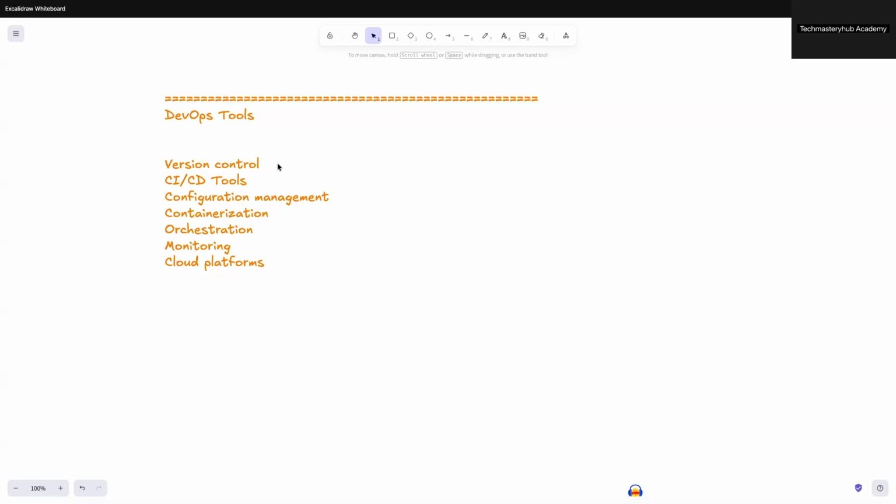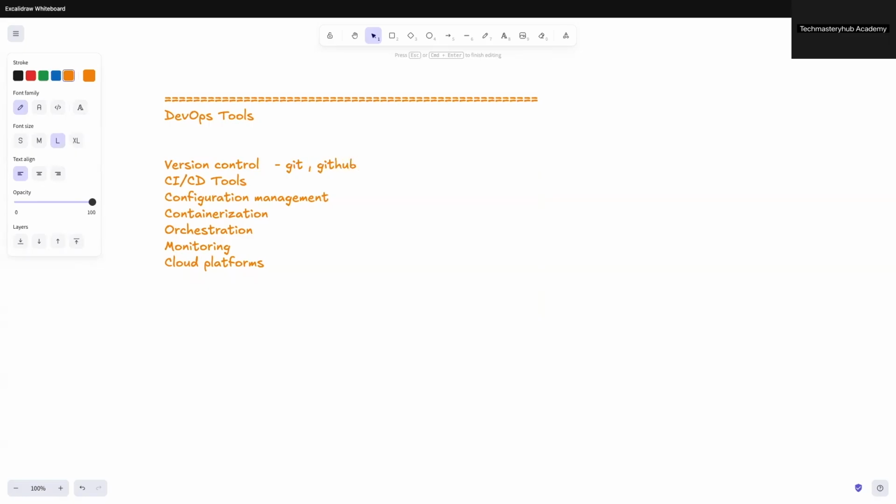Git and GitHub. These are the version control tools. The purpose of Git and GitHub is to store and manage source code. What does it do? Tracks every code change, allows multiple developers to collaborate, maintains history of the code.